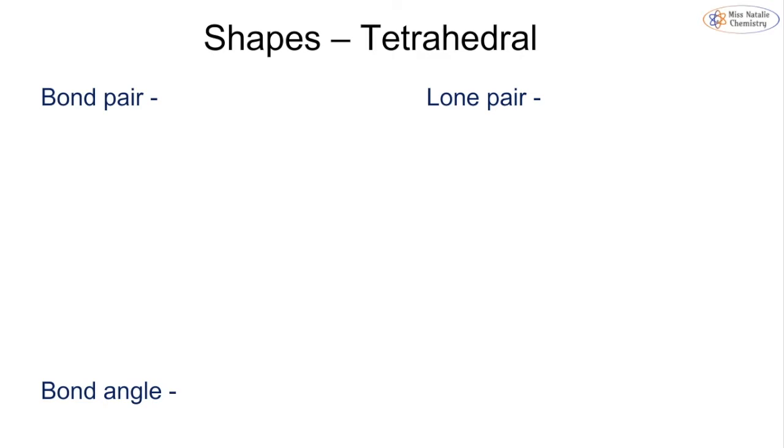Moving on to tetrahedral. Tetrahedral is when we have 4 bonding pairs and no lone pairs. And we can show this if we're thinking about our dot and cross diagram. So if we have carbon, we would draw a dot and cross diagram like this.